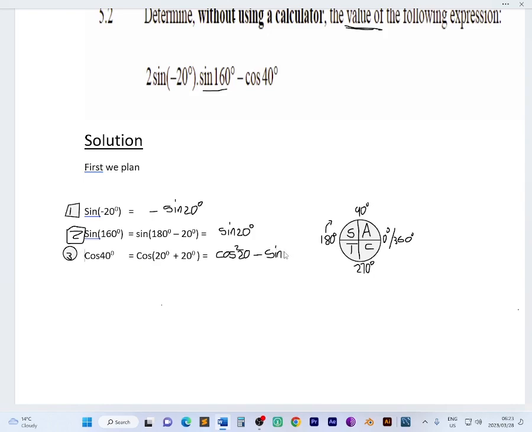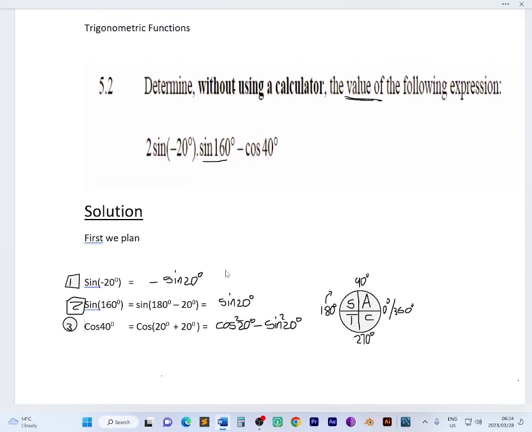Please remember to memorize this equation. Cos of theta plus theta is cos squared theta minus sine squared theta. So in this case, cos squared 20 degrees minus sine squared 20 degrees. Alright, so we're done with simplification.